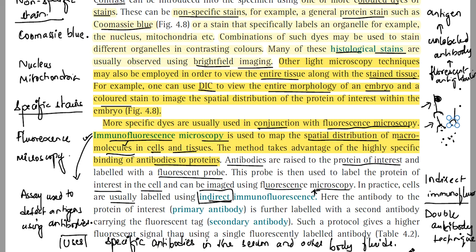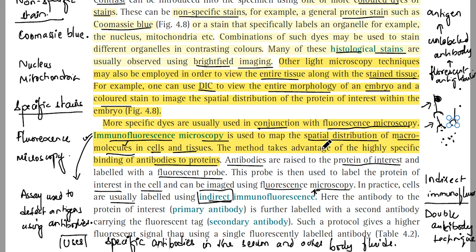Many infectious diseases can be diagnosed with this method. I hope it is clear. The more detail of this topic we will understand when we do immunology, or you must know it before if you have studied immunology. So this was about indirect immunofluorescence microscopy.